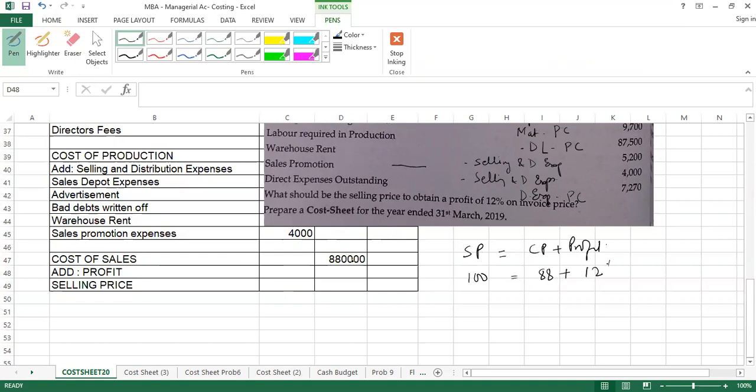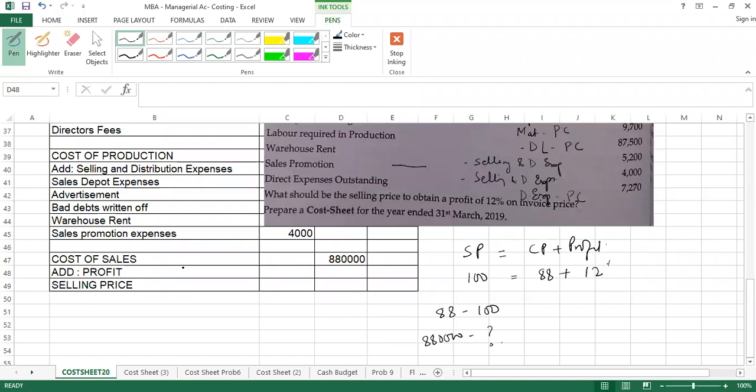Now your cost of sales is 8,80,000. That is your cost price. So if for 88 your selling price is 100, for 8,80,000 it would be how much? So if for 88 it is 100, for 8,80,000 it would be 10 lakhs.